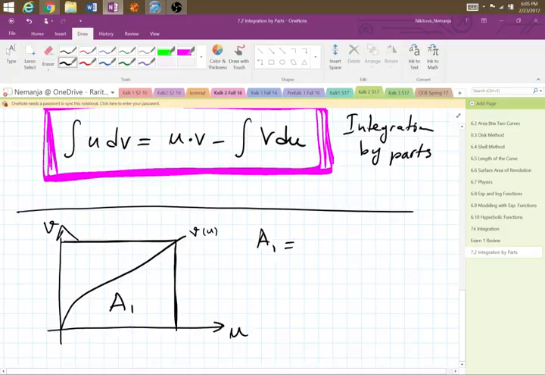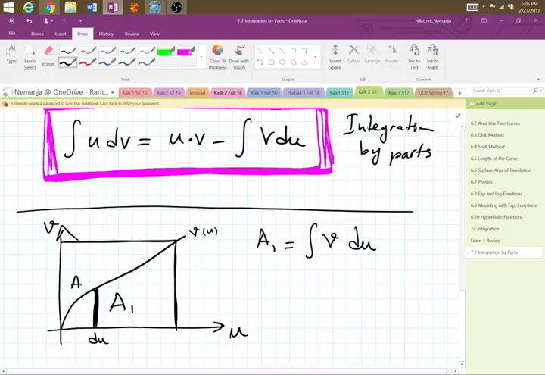Area 1 is clearly integral of function v in respect of du, because remember how you're looking for the area, and this was dx, but now it's the u-axis, right? So it's du. Because that one had the vertical representative rectangle which was swiping from the left to the right over all du values.